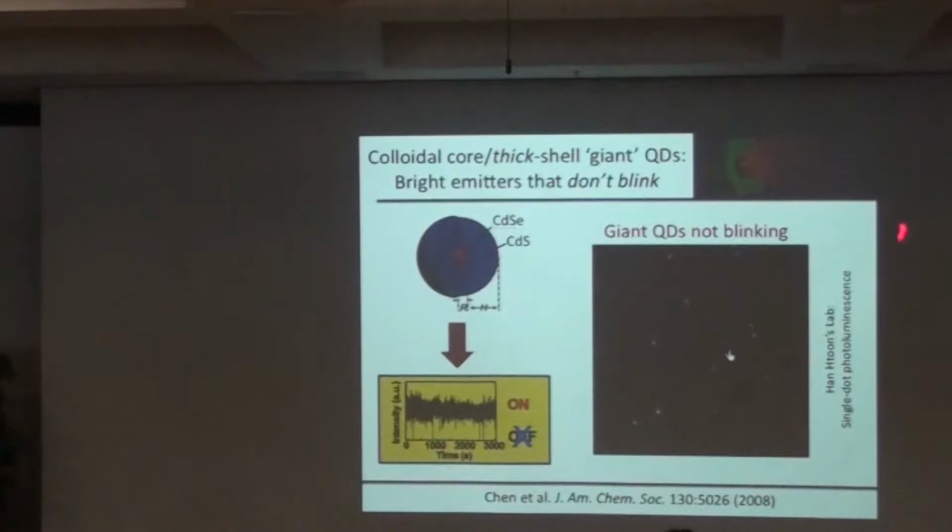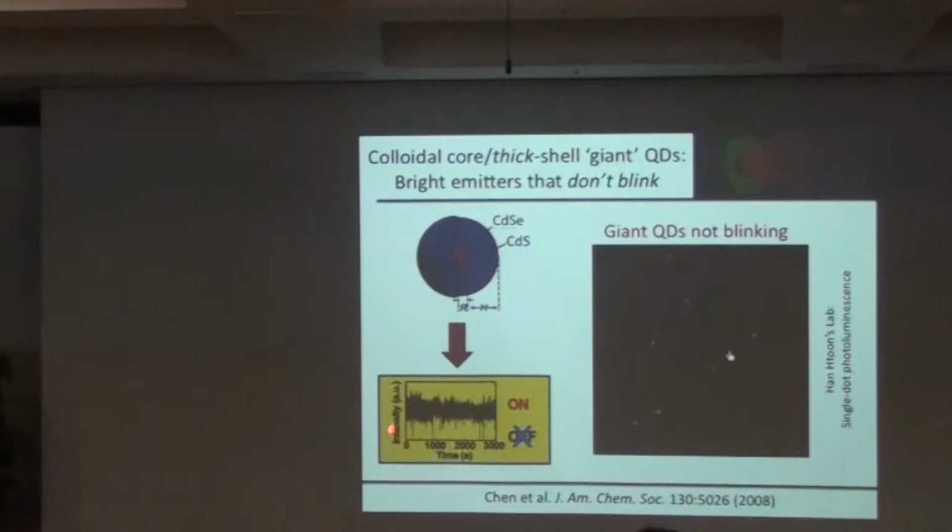And what you see over here on the right is a movie. It actually is running, and it runs forever because these things just don't die. But the particles are not blinking on and off. At most, they're twinkling slightly because their intensity is fluctuating, but we're not actually losing photoluminescence entirely.